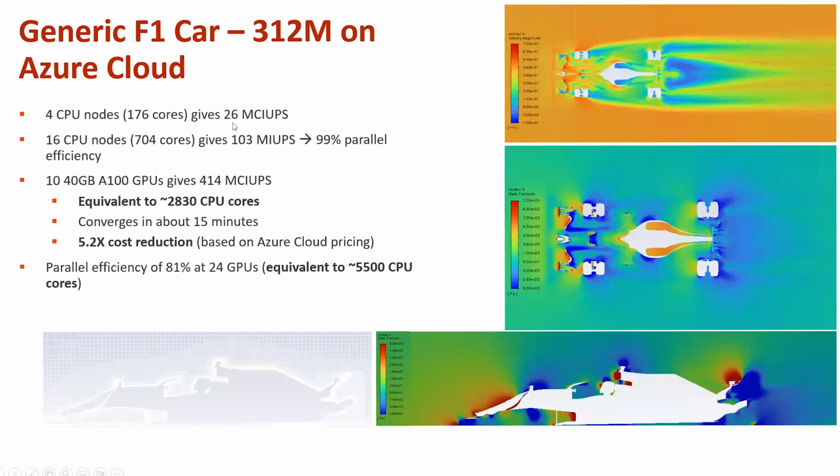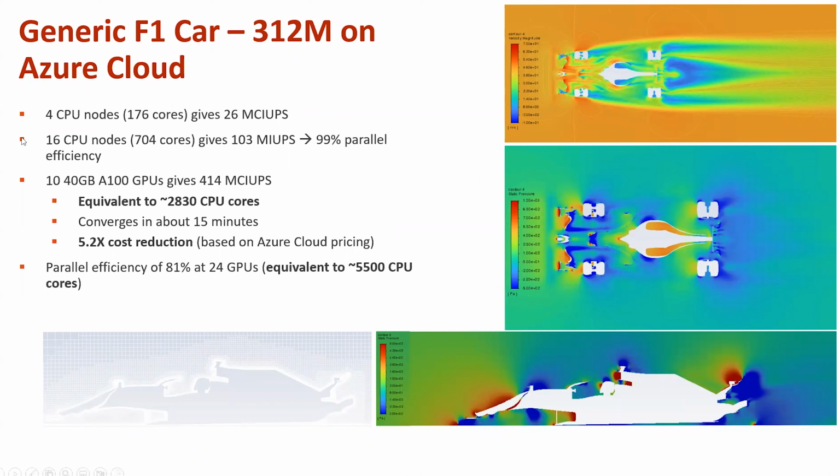That gives you around 26 MCI UPS. What that basically means is that you can solve a 26 million mesh cell problem in which it takes 1 second for one iteration. Now, if you increase those 4 CPU nodes to 16 CPU nodes, that increases this 26 number to 103, right? So that's almost 99% parallel efficiency, which is great.